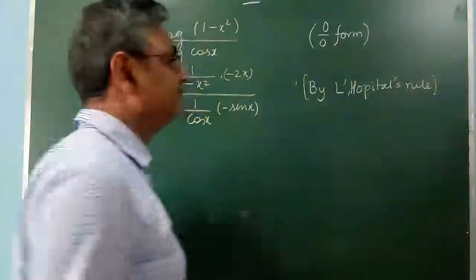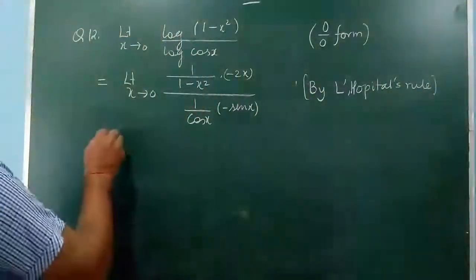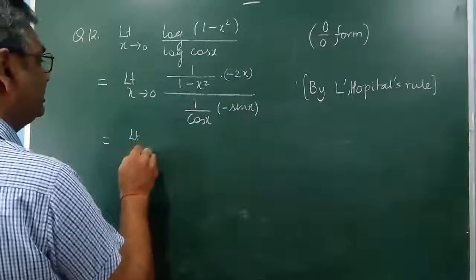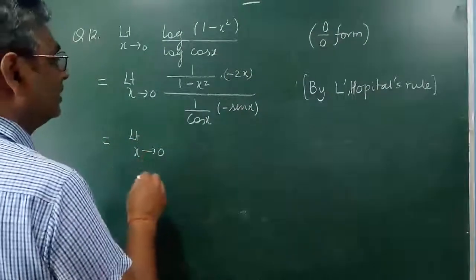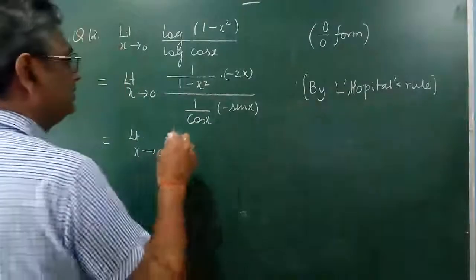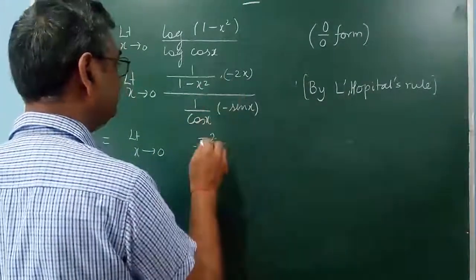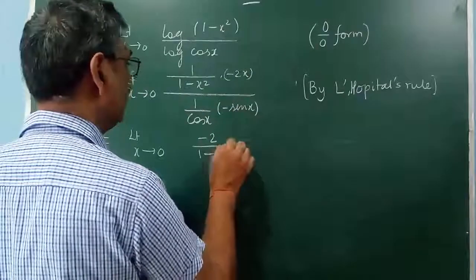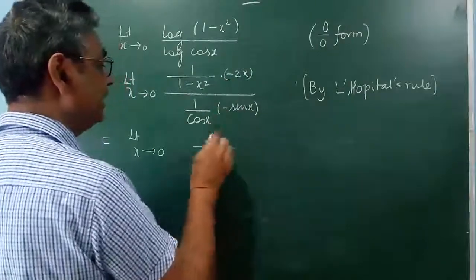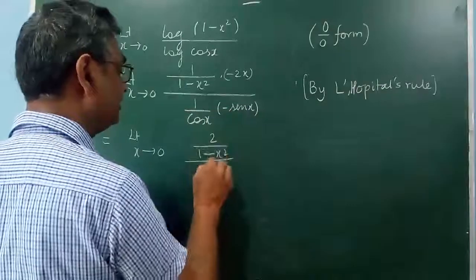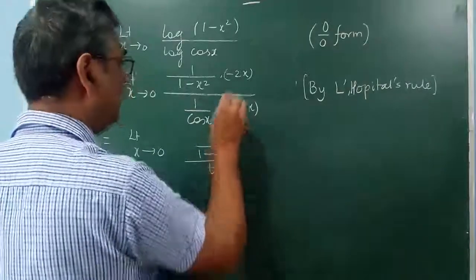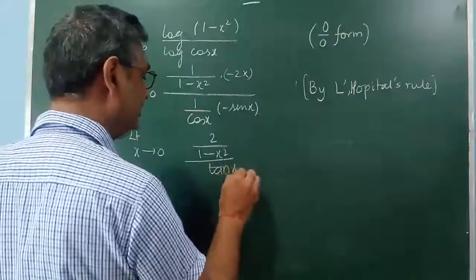This one we have got, and here we can write by L'Hopital rule, limit x tending to 0. What have we got? Minus 2 upon 1 minus x square. This minus and this minus will be getting cancelled, and here sin by cos will be tan x, and this x we can take down.